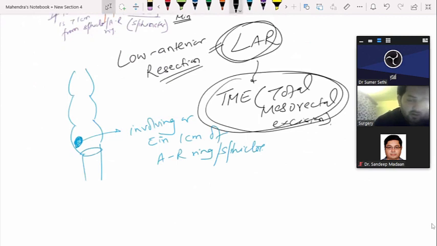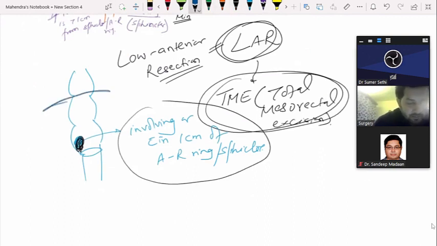Okay, if the tumor is involving the anorectal ring or within 1 centimeter, then the proximal margin will be this. This is the proximal margin.